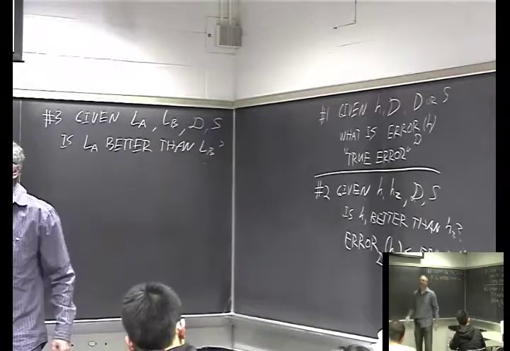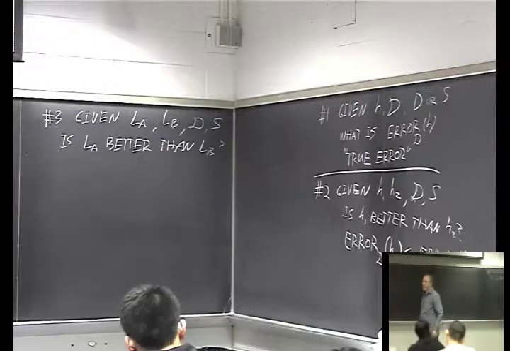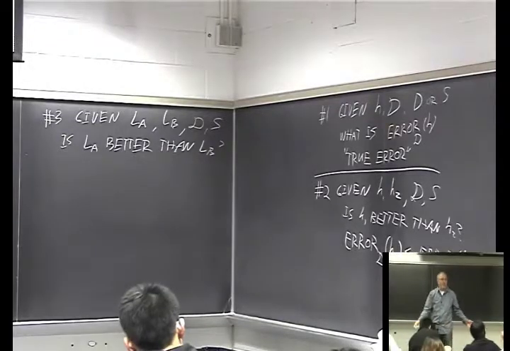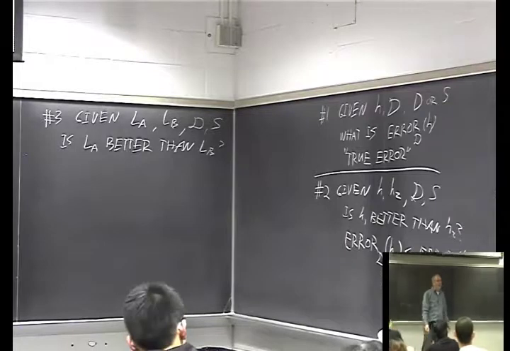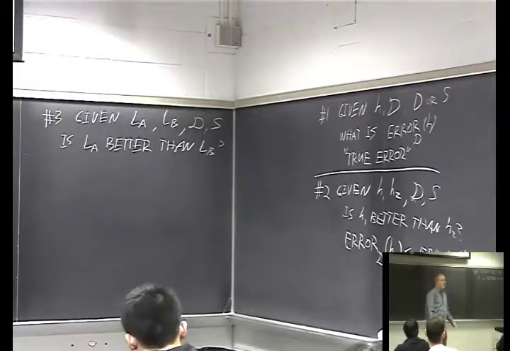Now we'll have to define what we mean by better. Anybody wants to suggest what we mean by better? Please. Well, it gets on S, it gets a smaller error than LB.